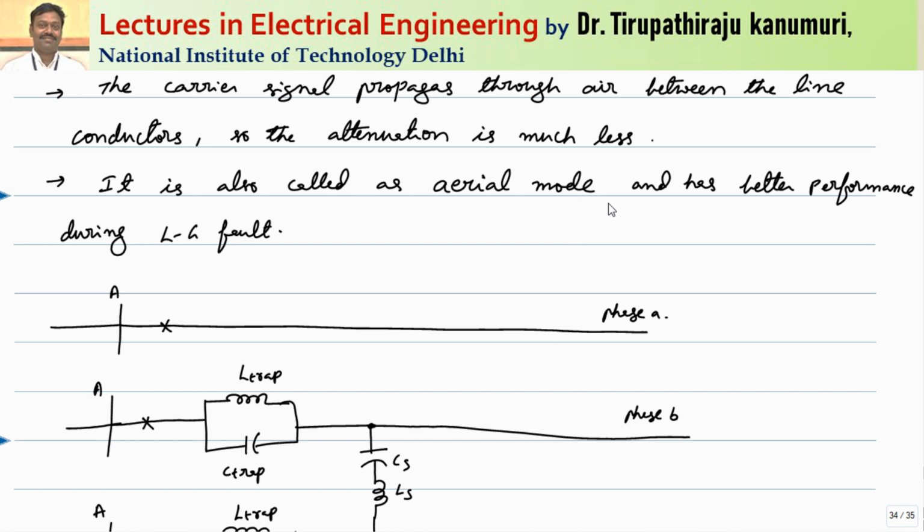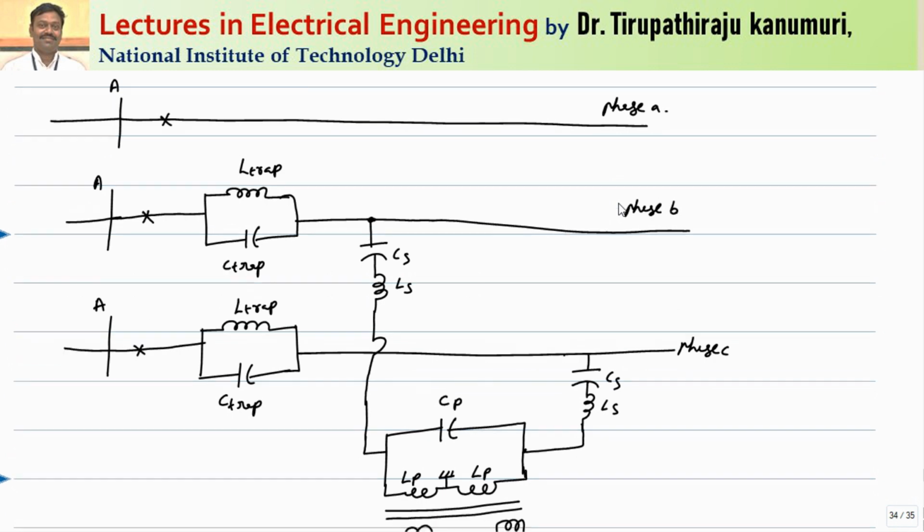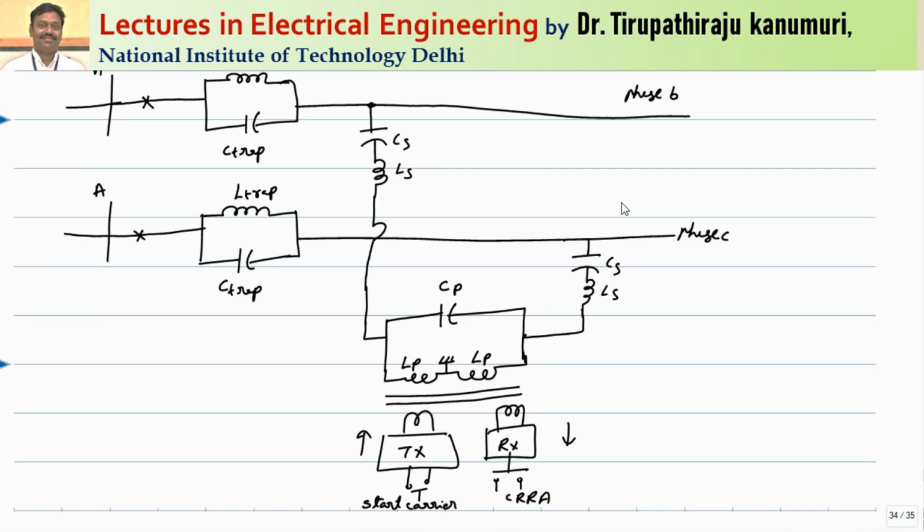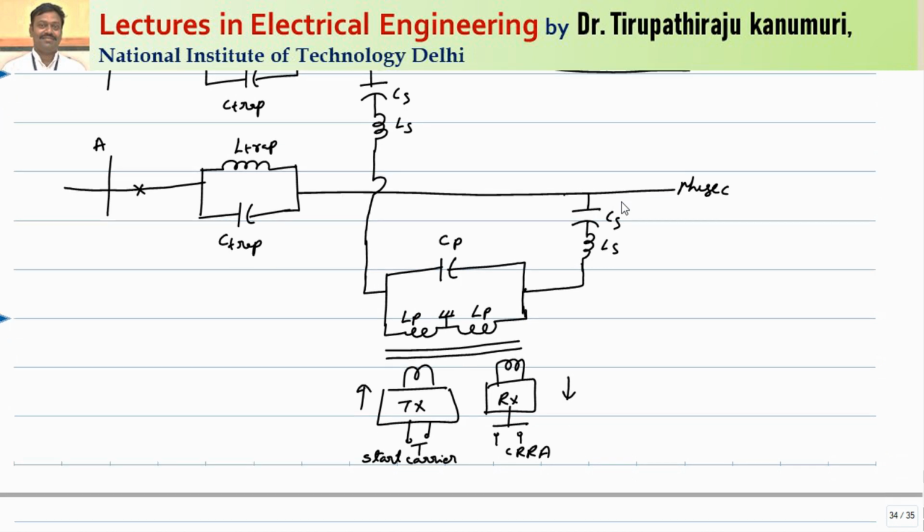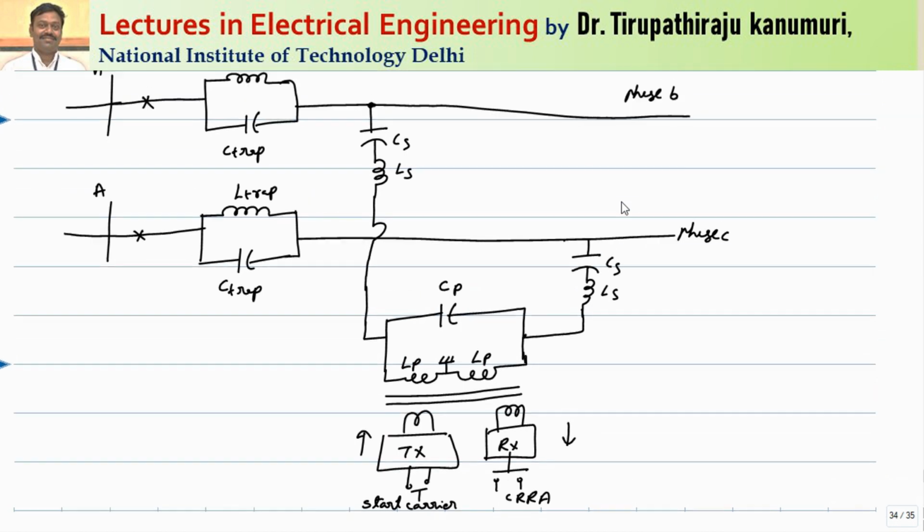In aerial mode coupling, as it transfers through the air, the attenuation will be minimum, and second, it is not affected by the line to ground fault, but it will be affected in the case of a line to line fault. So proper care should be taken while doing the coupling or implementing the methods. Those methods we are going to discuss in the next class.